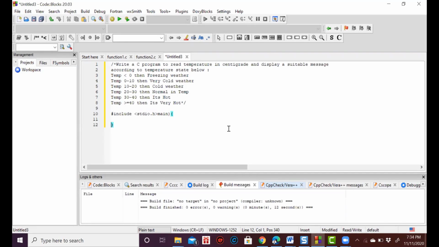I think we put it as integer temp, temperature. Okay. Now we ask the user to enter temperature. So printf, enter temperature in centigrade.